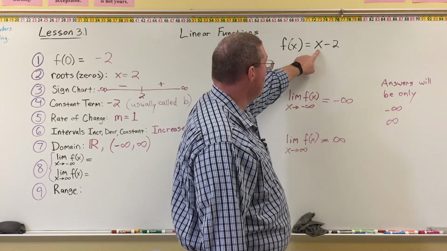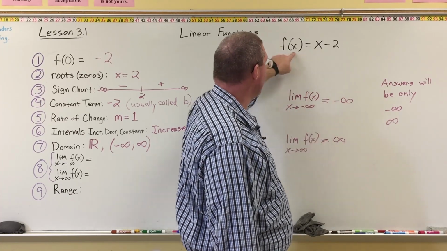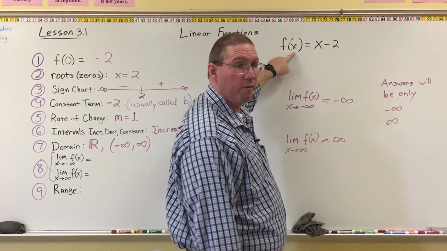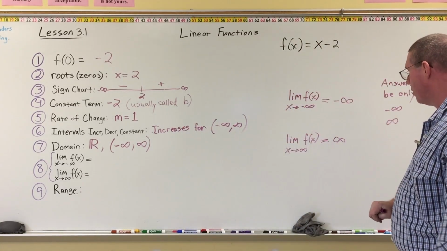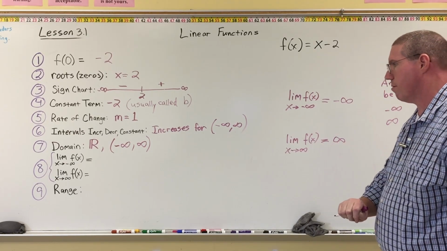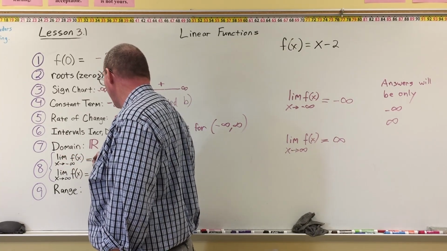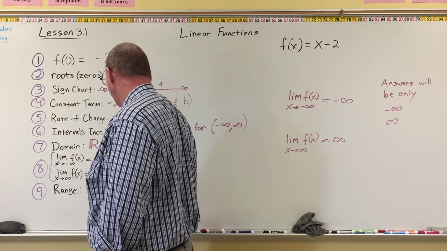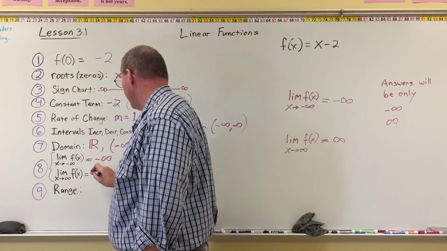And here, as the inputs become larger and larger positive, the outputs become larger and larger positive. Okay? So negative inputs give negative outputs, positive inputs give positive outputs. And so over here, we're going to say the limit of f of x as x approaches negative infinity is negative infinity. The limit of f of x as x approaches infinity is infinity.